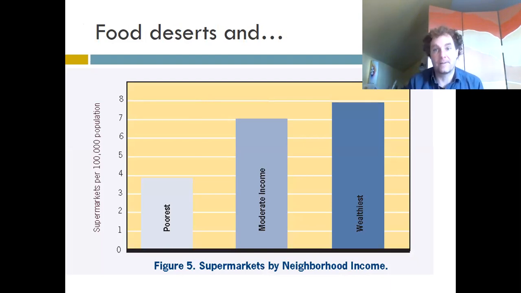Okay, so we can say to ourselves, okay, what's the problem with not having a grocery store? It means you don't have access to good, nutritious food, right? So again, it's not just about your own personal choices, but it's about what you are able to choose, the opportunities that are in front of you, right?